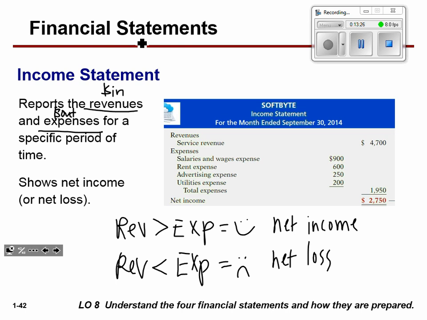Some terms out there. When you have a net income, it's said to be that your numbers are in the black. When you have a net loss, it's said that your numbers are in the red. Have you heard those terms before?